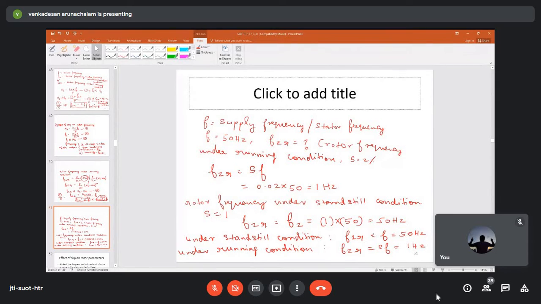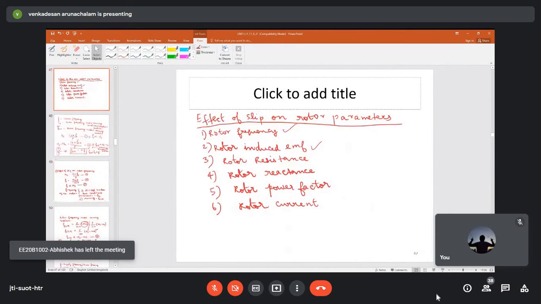Almost the induced EMF or the current during running condition is almost looking like DC. That is the effect on the motor during running condition. That is what we need to understand, right? So this is the effect of slip on the rotor frequency. Now we have to understand what will be the effect of slip on the rotor induced EMF. Any guess? Heuristically, can you write?